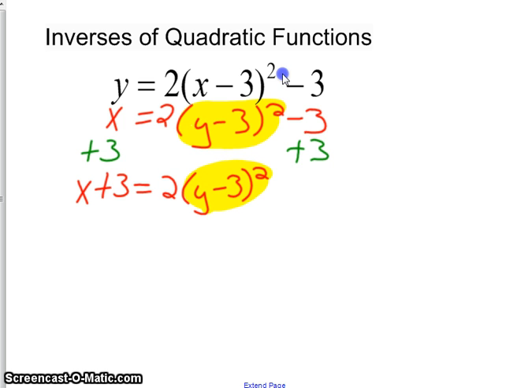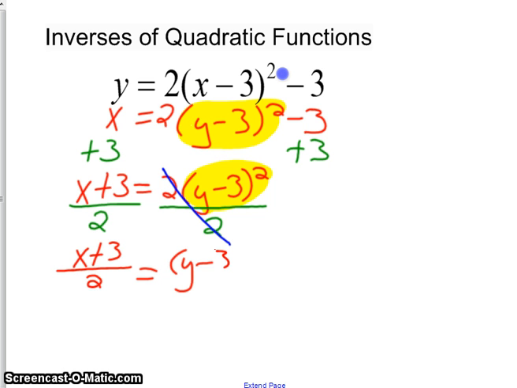So now I'm going to undo this multiply by 2. I'm going to divide by 2. None of that can simplify, so I'm just going to rewrite what I've got left. I've got x plus 3 over 2. The 2's on the right-hand side cancel, and I've got equals the quantity y minus 3 squared.